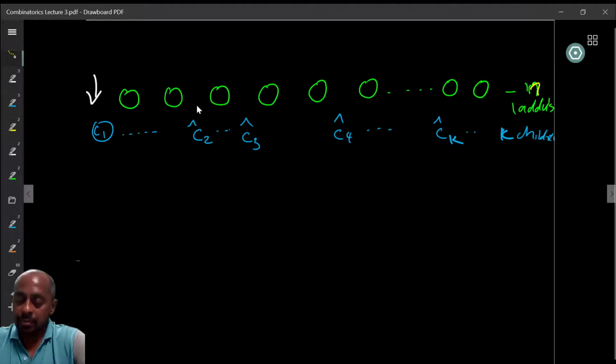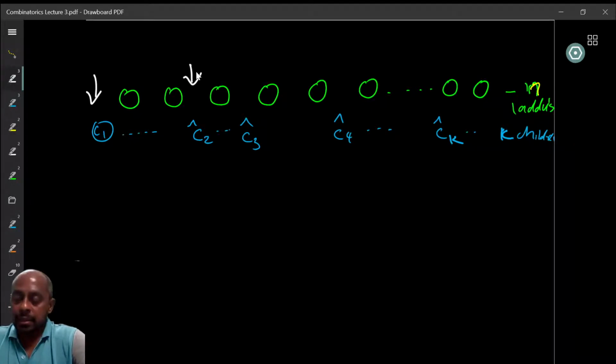So child number 2 starts at the position after the first guy is asked to leave. Again, he will take some laddus, and then the person who controls the queue says okay, you leave, next guy. So this way, each child will be allowed to go and take something.